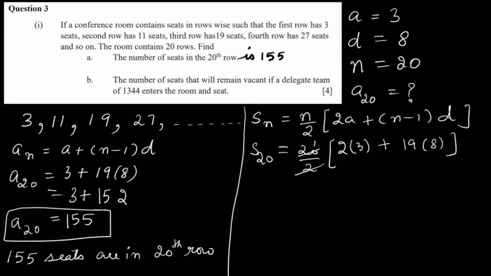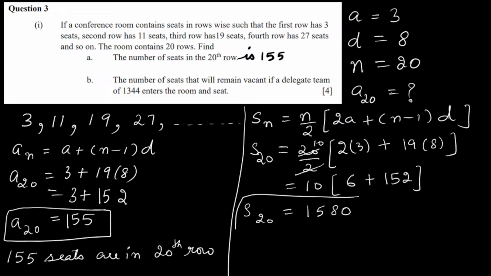So this is 10 into the bracket, and 19 into 8 is 152. So S20 is 1580.